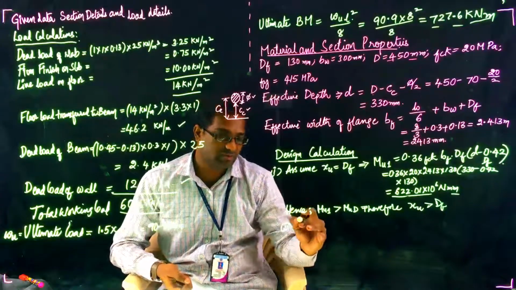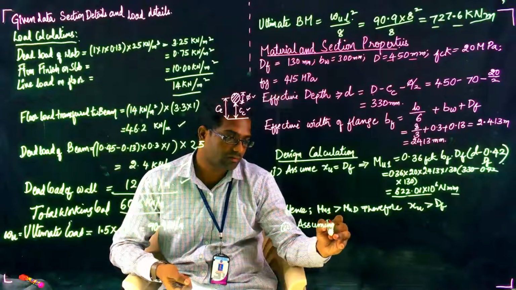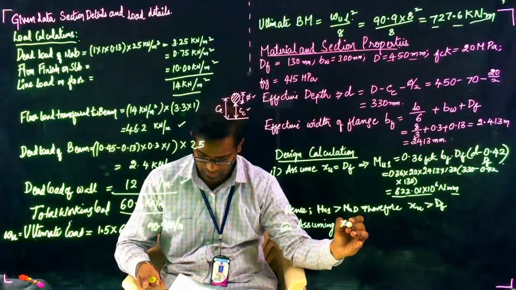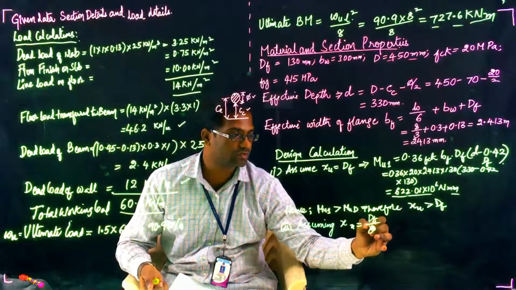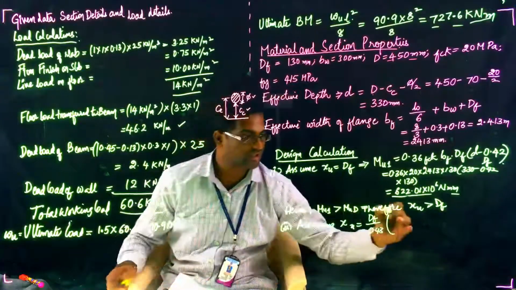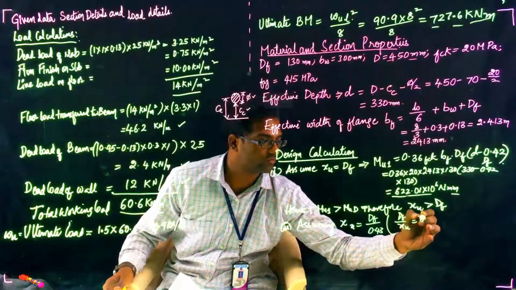Referring to the previous problem, assuming XU as DF by 0.43. This was drawn from the conclusion like DF by XU equals 0.43.